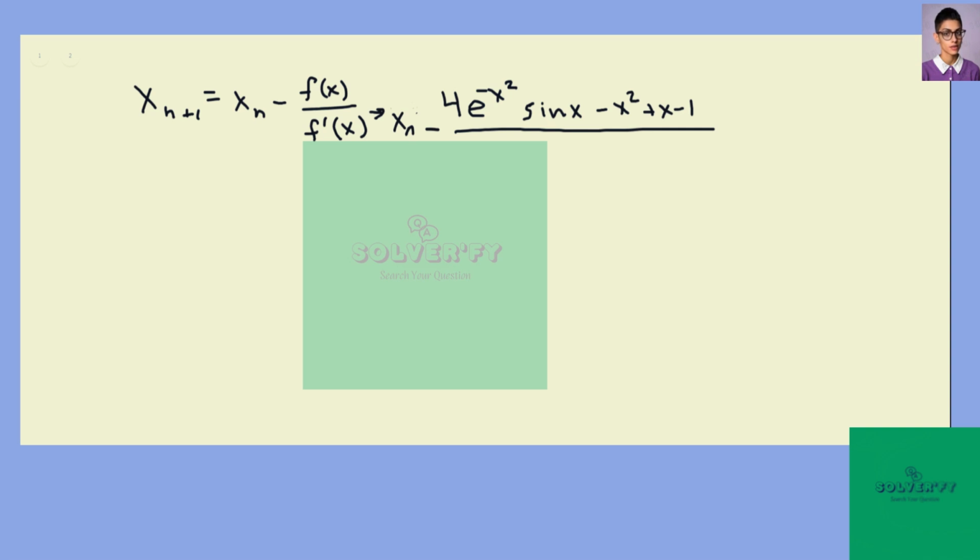So I have over f prime, which is 4e^(-x²) times cosine x minus 2x sine x, because of the chain rule and the product rule, minus 2x plus 1.